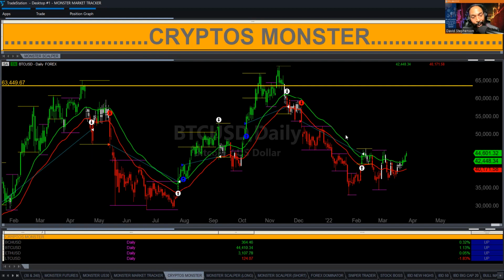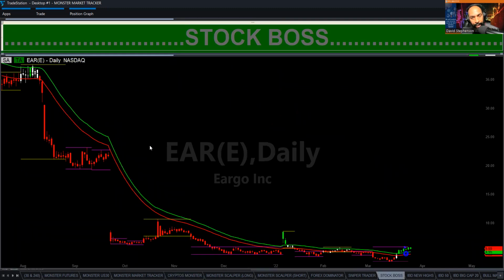Think about that: wanting an instrument to go lower so you can buy it cheaper. Normally we don't think that way. We just believe it's going to go up forever. But that's the knowledge: wanting it to keep dropping so we can buy it cheaper.